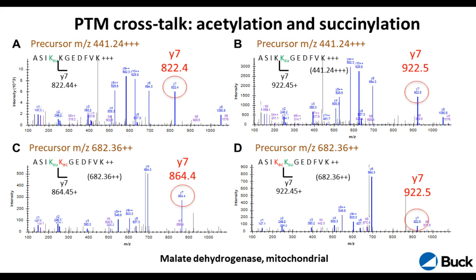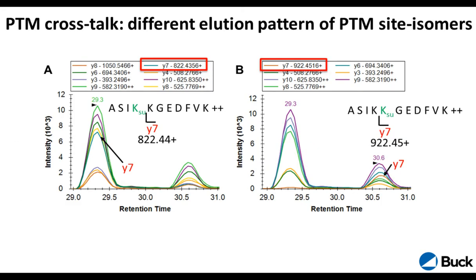We also saw these mixed species, and where the acetylation site and the succinylation site were. Using DIA and SWATH, as you are monitoring all fragment ions at the same time, we're able to extract these differentiating ions and do quantification based on those specific ions.